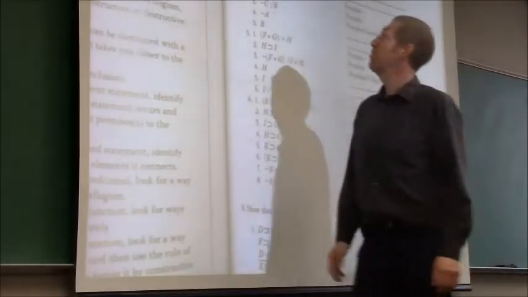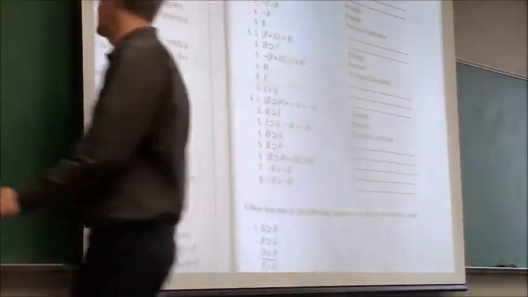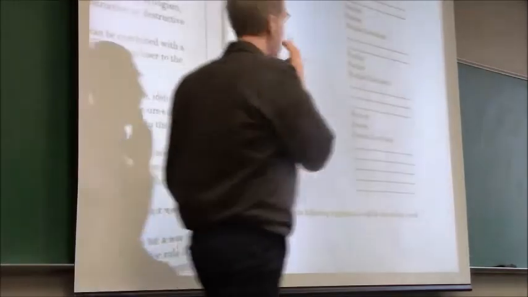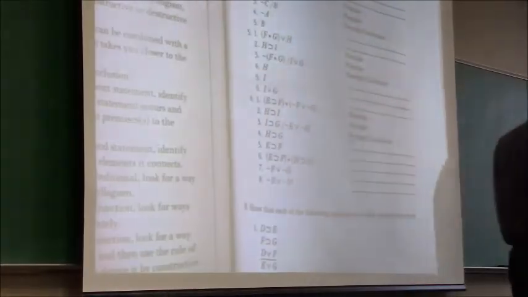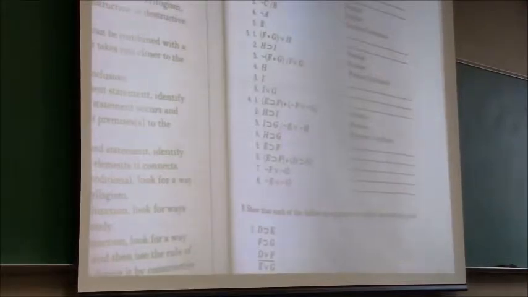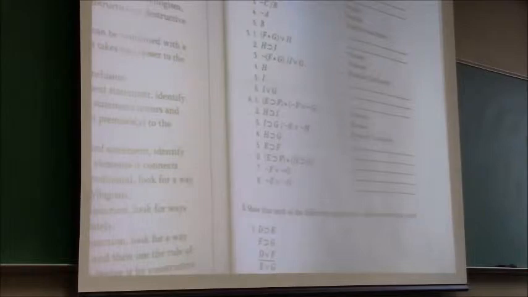So, suppose we are presented with this argument. You have to remember that the text uses different symbols from the ones I've been teaching you. So the horseshoe is equivalent to the arrow.